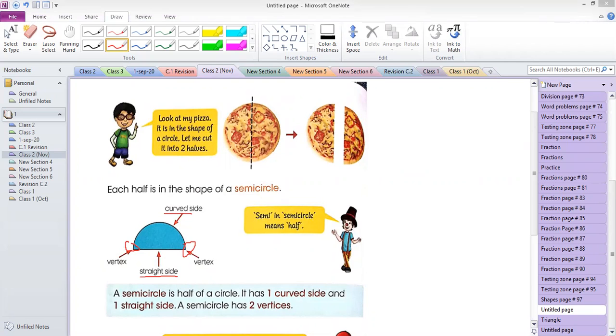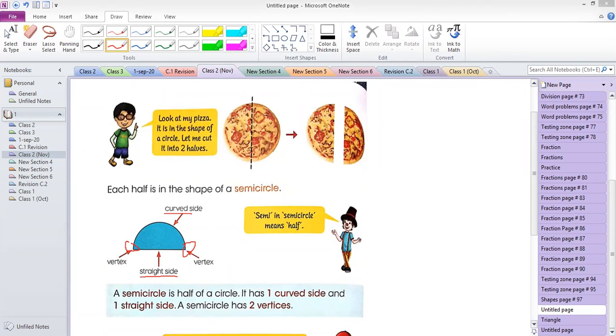Yes. When you divide a circle into two equal parts, it becomes semicircles. If we cut a pizza, or if you cut any fruit like watermelon, or anything.